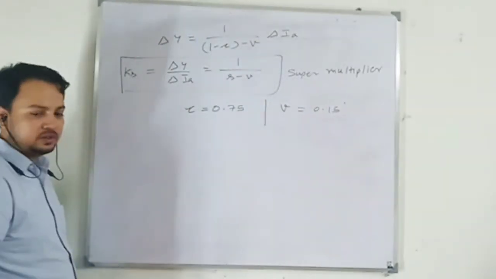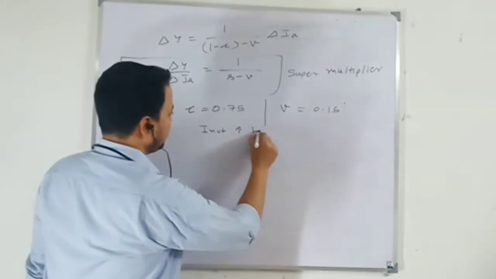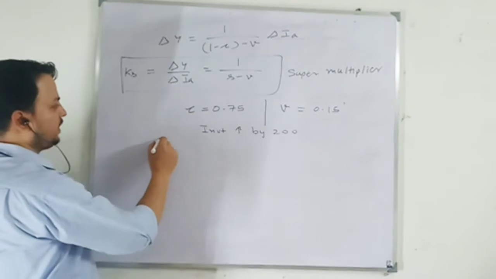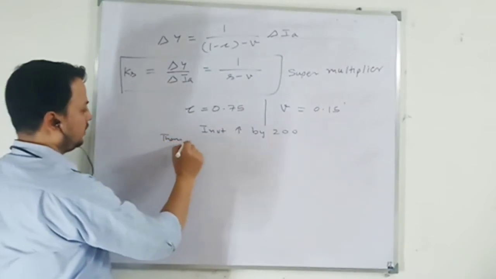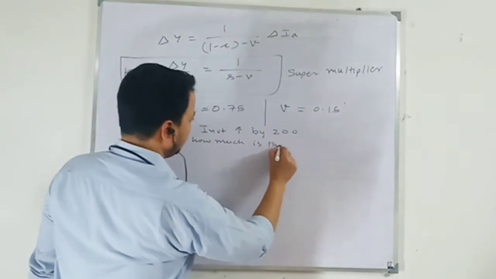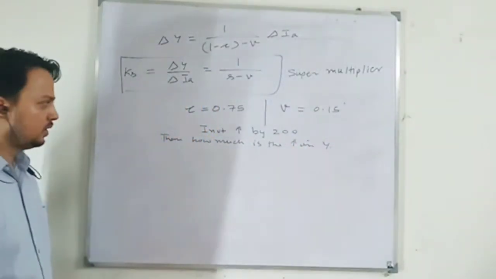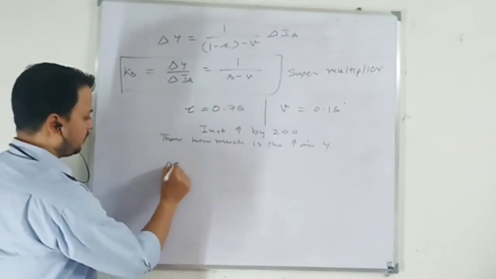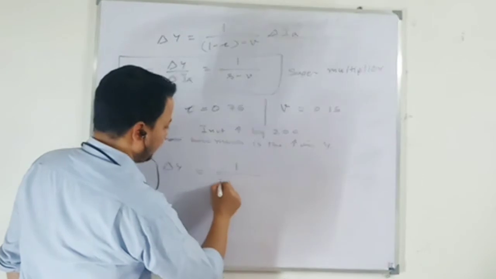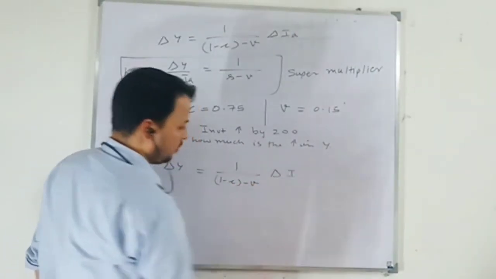And before that, suppose autonomous investment increases by 200, then how much is the increase in income? That I have to find out. So change in income is nothing but 1 over 1 minus small c minus v, times change in autonomous investment.